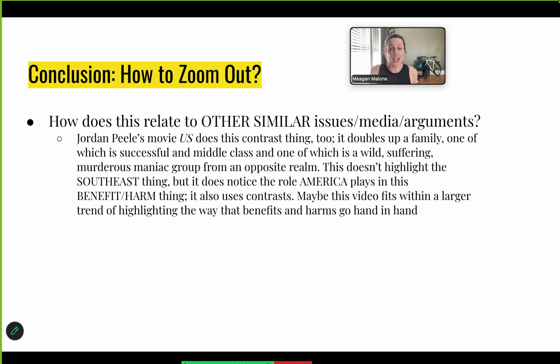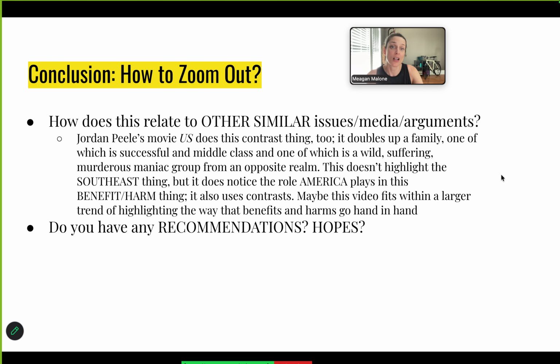It also uses contrasts. Maybe this video fits within a larger trend of highlighting the way that benefits and harms go hand in hand. By the way, these are not fully formed, just ideas that I have for a conclusion. I would write it out a little bit more in complete sentences, but this is just a way to show you the different things you might do with your conclusion.